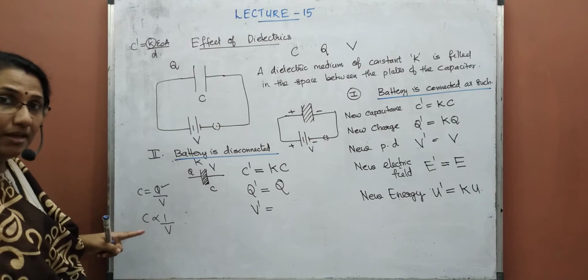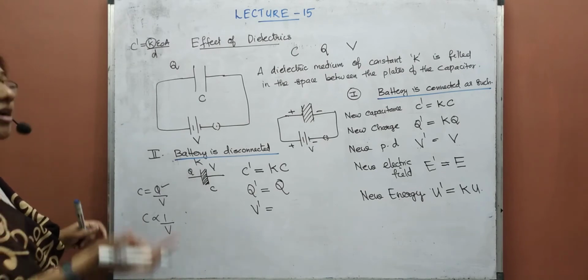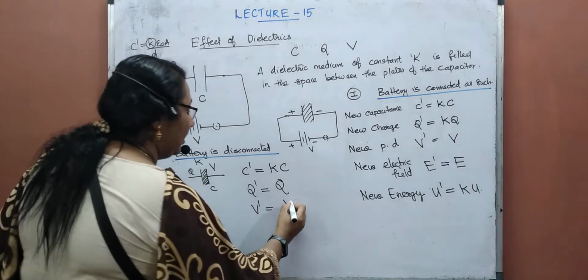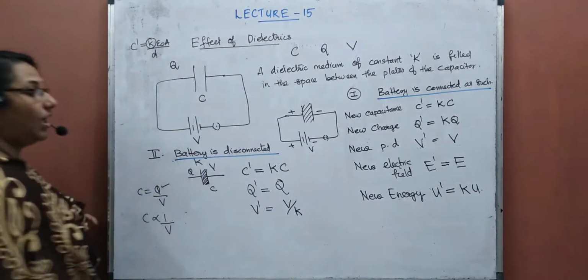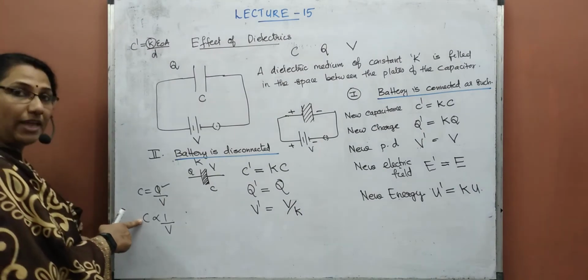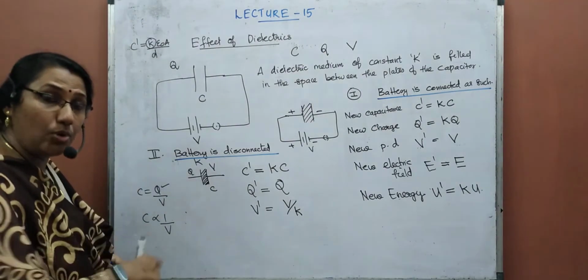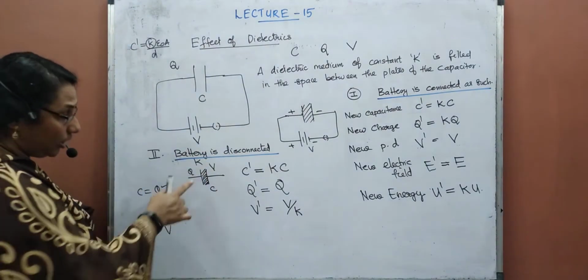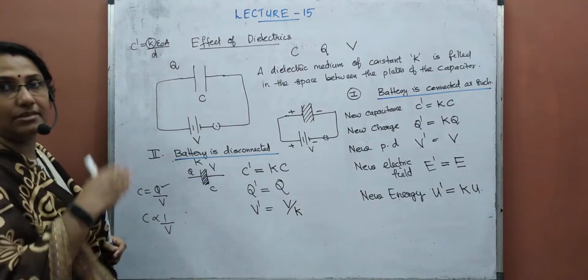As capacitance increases by K, the potential difference across the plates of the capacitor, not of the battery, decreases by K.